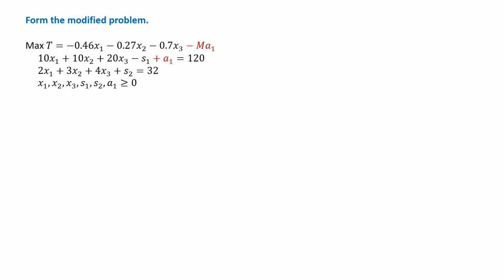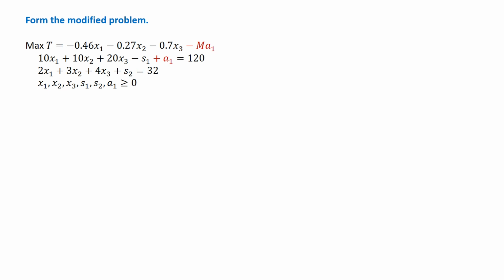Let's form the modified problem. The first constraint is greater than or equal to 120. So we're going to subtract a surplus and add an artificial variable. So we have 10x1 plus 10x2 plus 20x3 minus s1 plus a1 equals 120. The second constraint, the carb constraint, was less than or equal to 32.